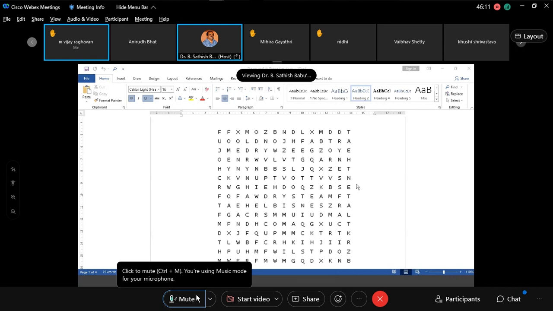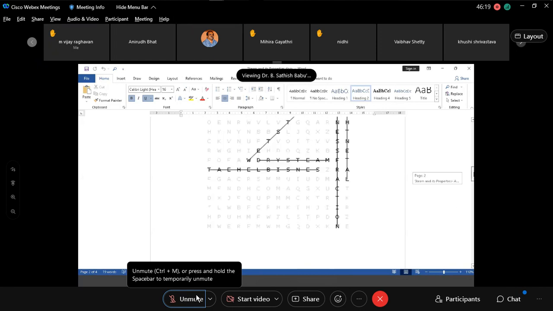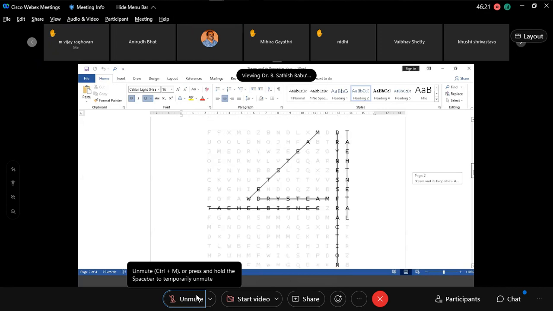Okay, so let me just wind up with the answers. Yes, this is the answer. So we had 5 words here. Wet steam, dry steam, okay. Then sensible heat, dryness fraction, latent heat.